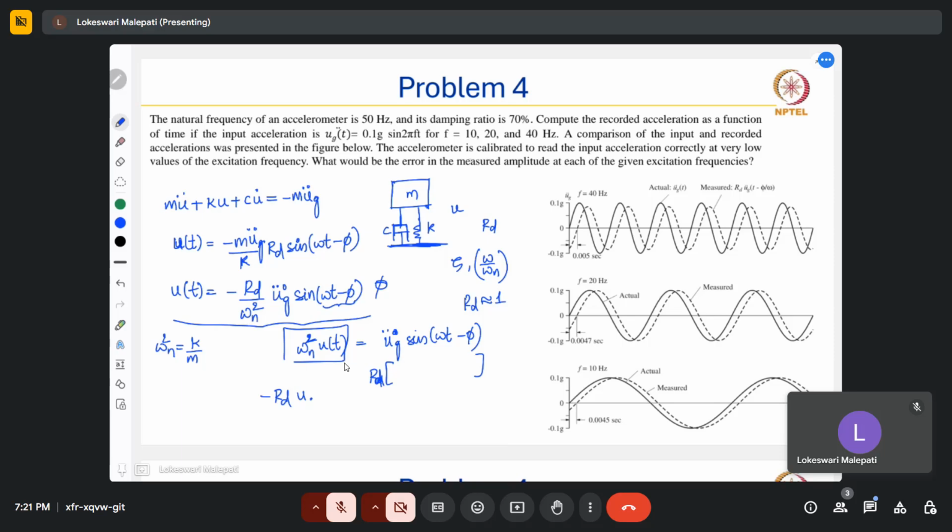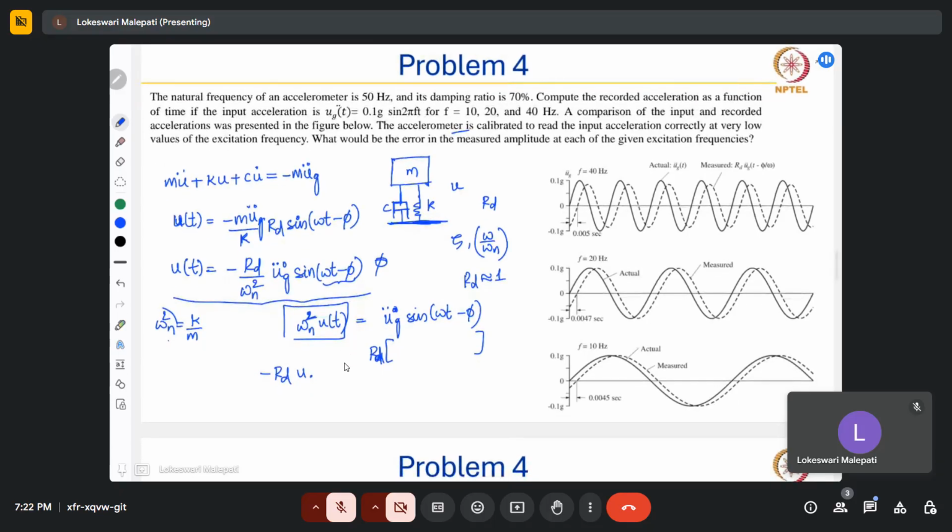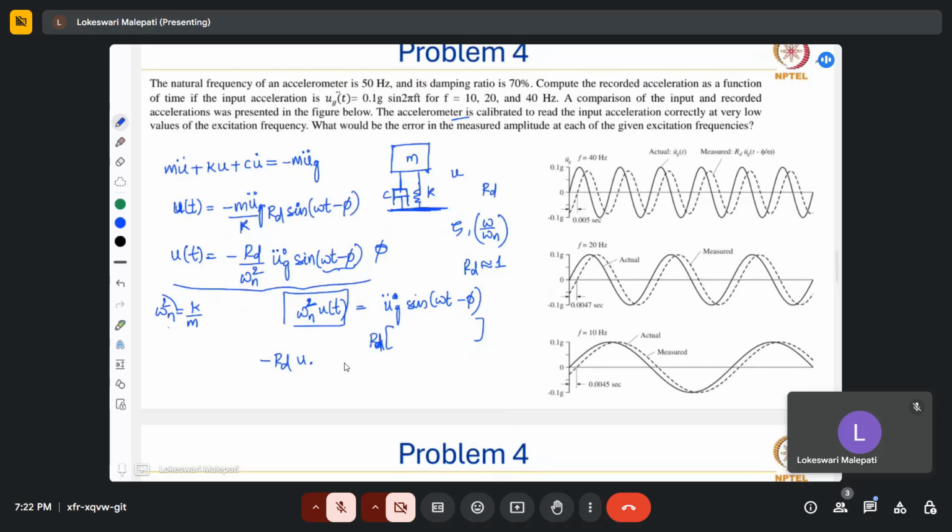The accelerometer is calibrated to read the input acceleration correctly at very low values of the frequency. So this actually means that they have found out this omega n square term. So now the output would be omega n square u of t. What would be the error in the measured amplitude at each of the given excitation frequencies? So we need to write the recorded acceleration as a function of time. The recorded acceleration would be omega n square u of t.